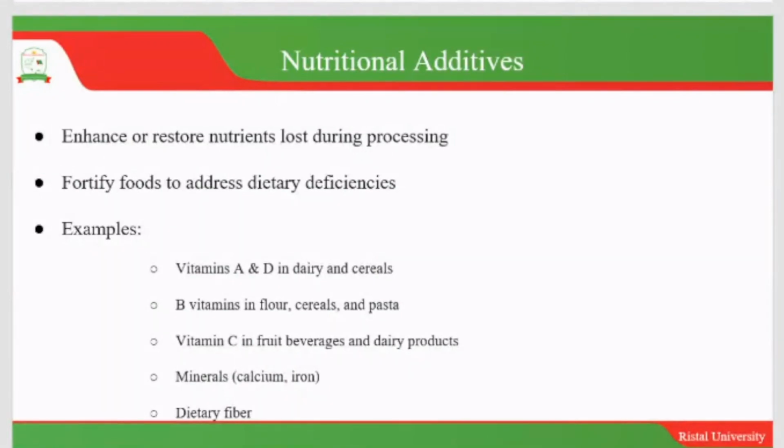So we have fortified foods to address some of this. We have vitamins A and D in dairy products and cereals, vitamin B in flours, cereals and pastas, vitamin C in fruit beverages and dairy products. And also minerals such as calcium, iron, and dietary fiber. We all know the importance of dietary fiber in digestion.